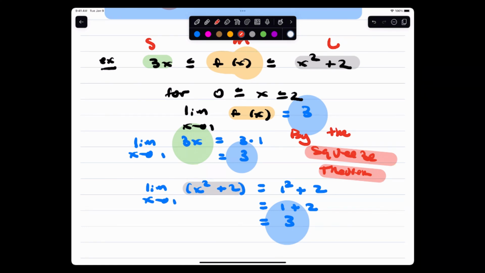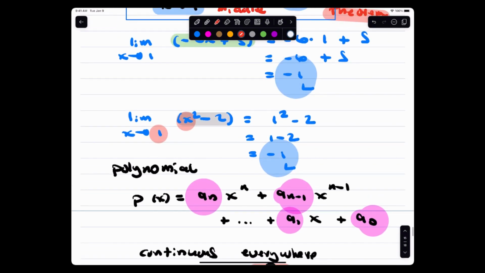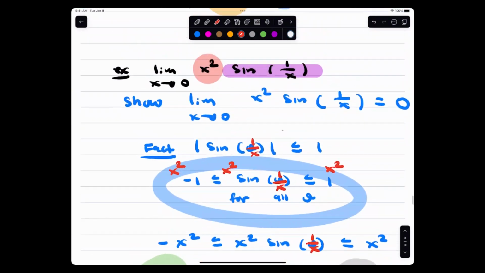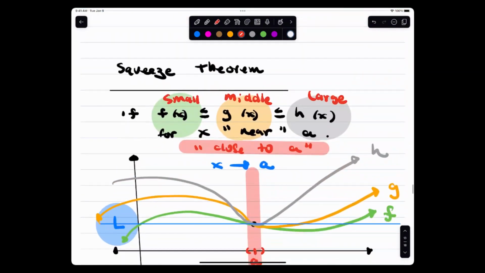Not a big deal. But I got to warn you guys, sometimes students love squeeze theorem so much, they want to use it on everything. And I'm going to tell you, don't go there. You can't. In theory, if you have all of this, then yes, it applies in theory. But all the homework questions on it are very specially chosen.